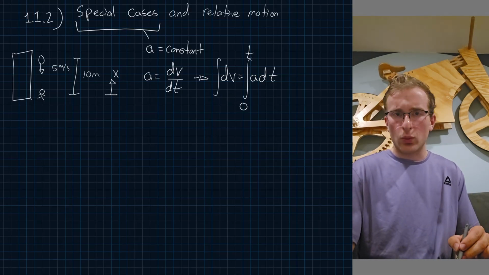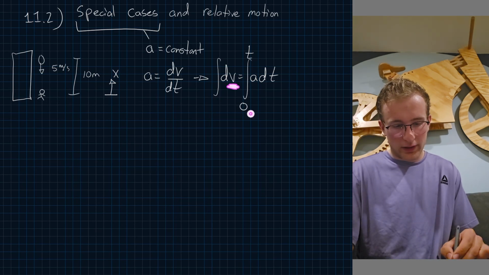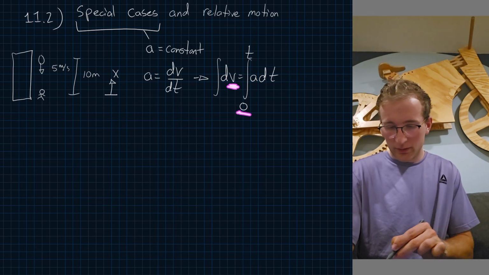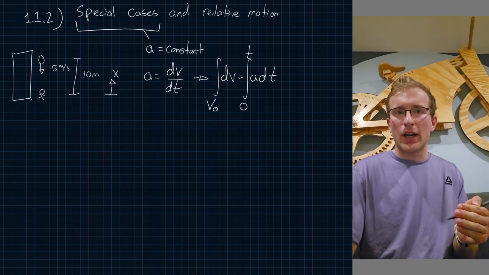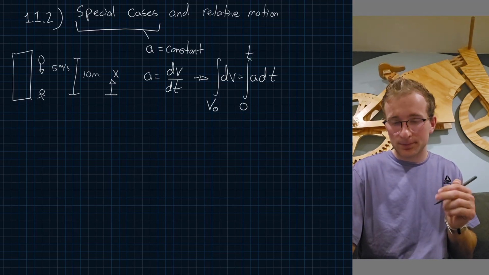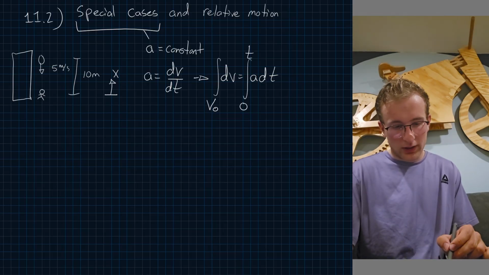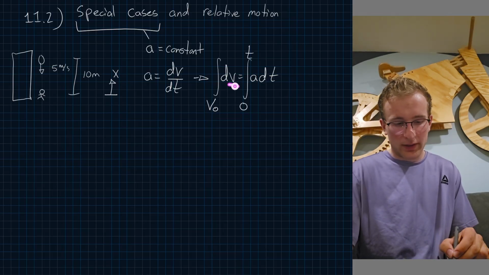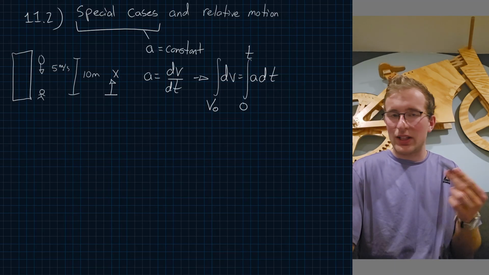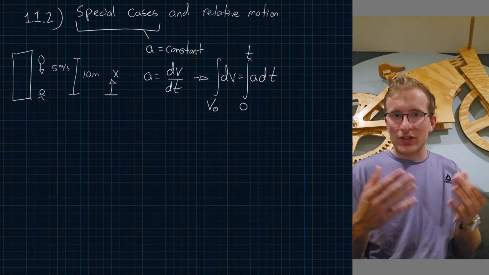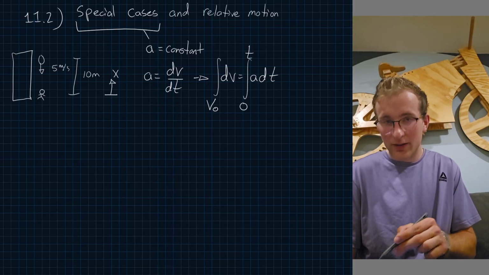Okay, now what is my velocity at time 0? Well, I'm going to call that v naught. So v naught is my velocity at time 0. Okay, now what is my velocity at time t, where t is just any number? Well, it's just some velocity v, okay?